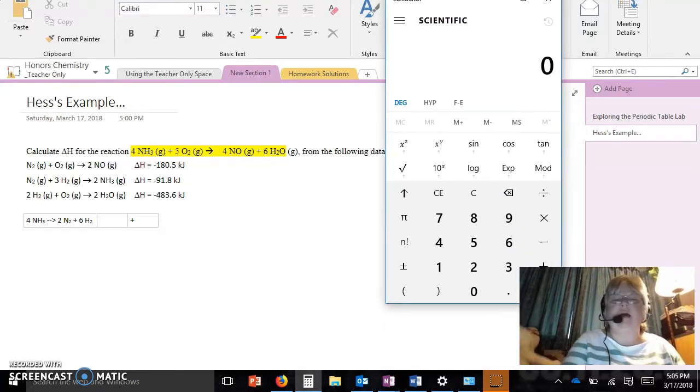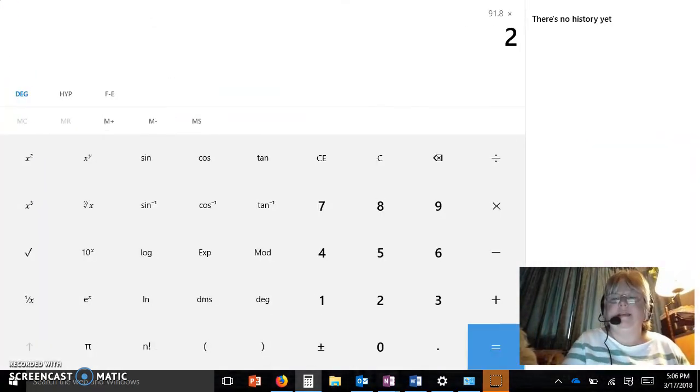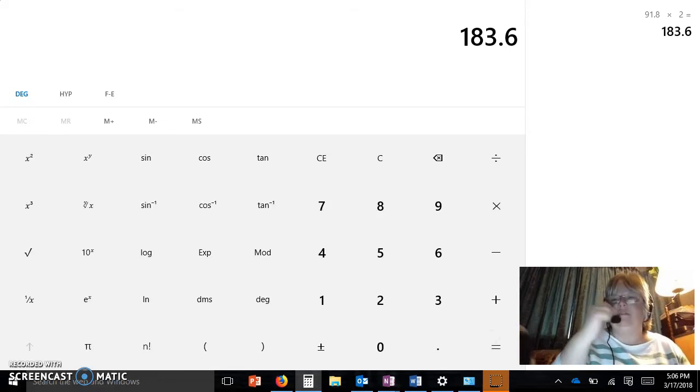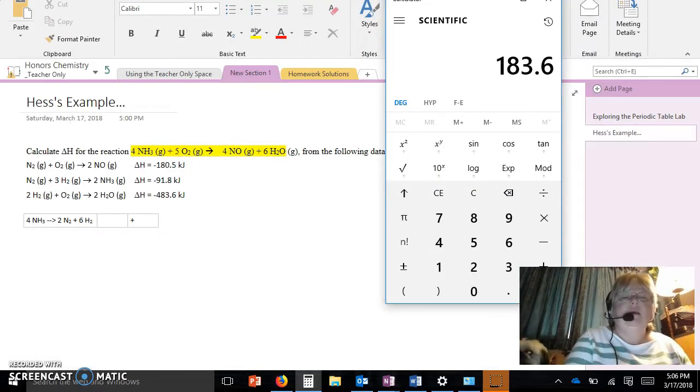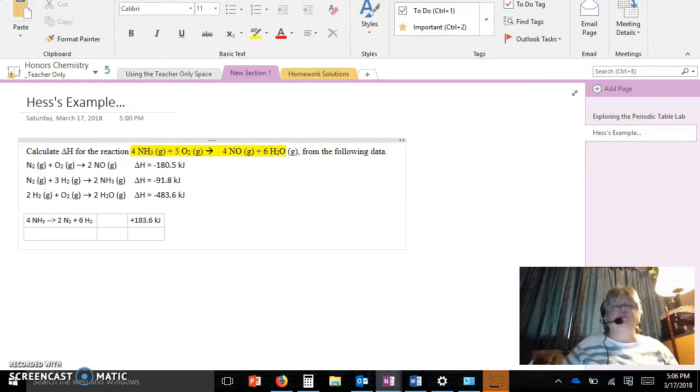So taking out my calculator, 91.8 times 2 equals 183.6. Now that's going to be positive 183.6 kilojoules. I'm now going to go and look for my next reactant.